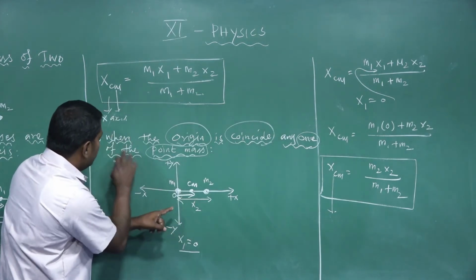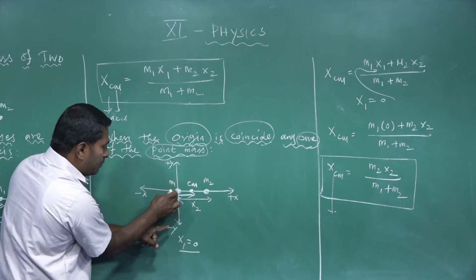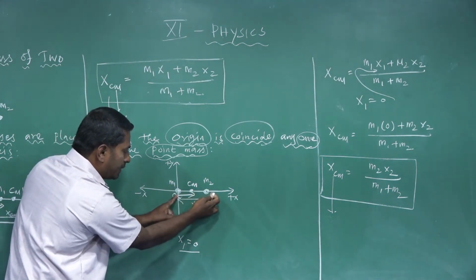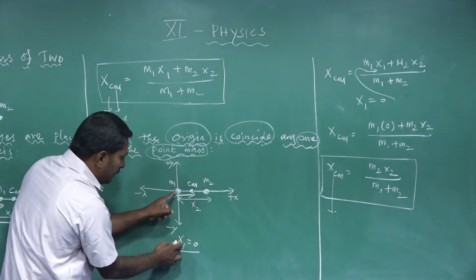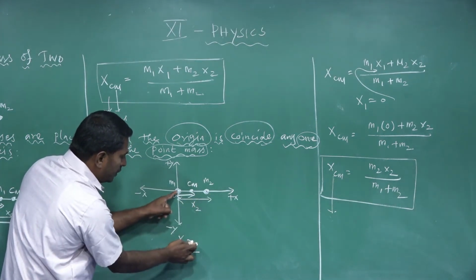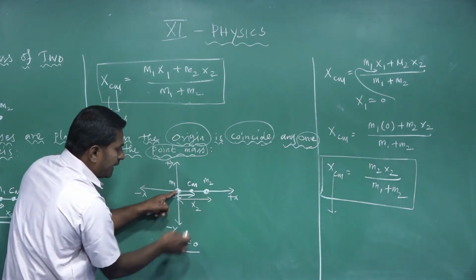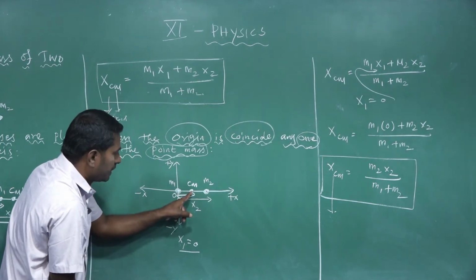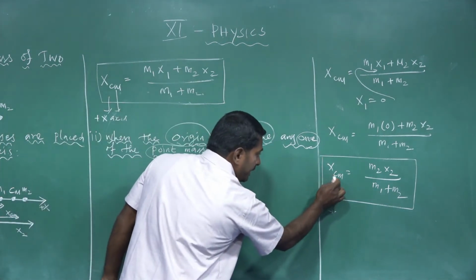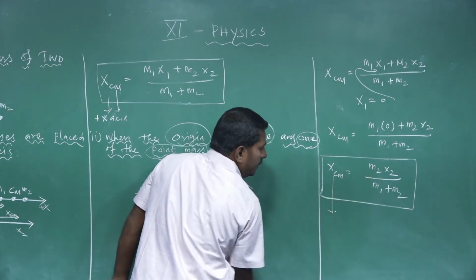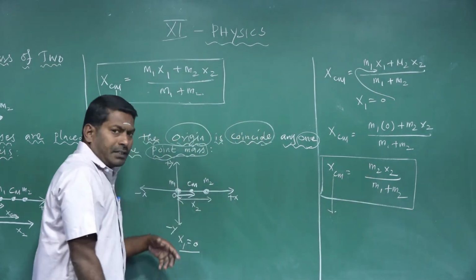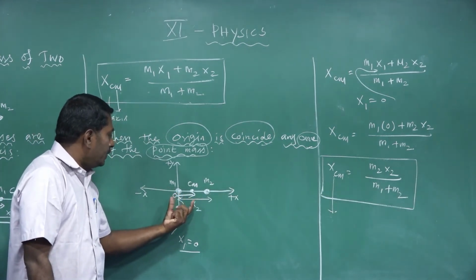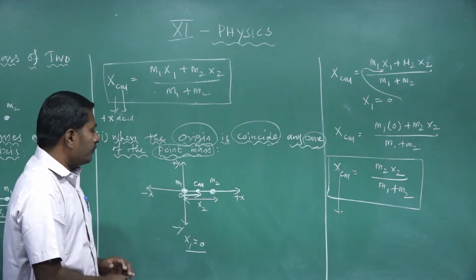So here the first point mass is made to coincide with the origin, but the second point mass is located along the positive x-axis. So the position of the first point mass is equal to 0, and x2 is the position of the second point mass. Then how do we calculate the center of mass point? By using X_CM equal to m2x2 divided by m1 plus m2. Next, another third way to determine the center of mass point of the 2 point masses of the system.